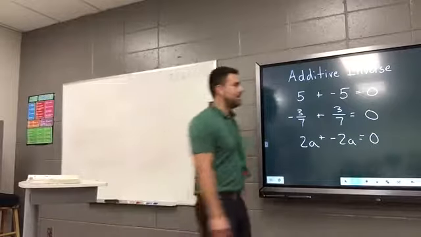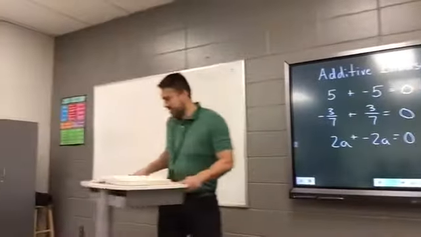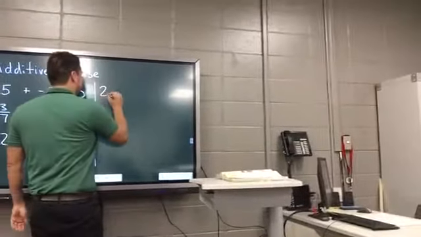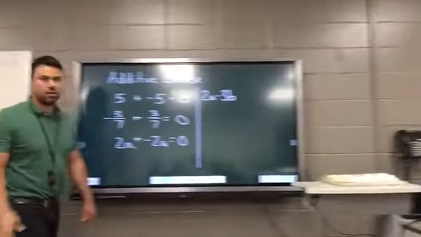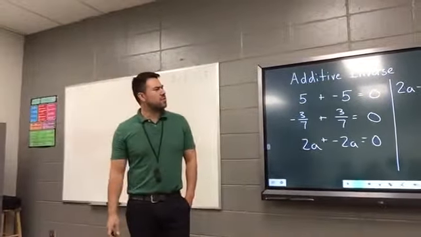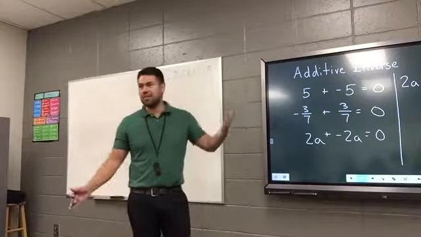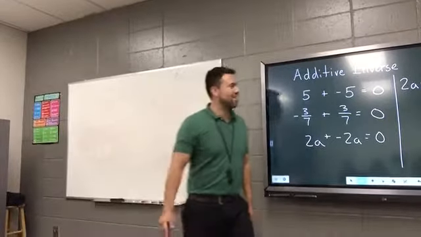Okay. Ready for some tough ones? Okay, good. I'll give it to you anyway. 2a minus 3b. Don't say it out loud. Just raise your hand. I might call on you. What's the additive inverse of 2a minus 3b? Anyone want to guess? Kyra, what do you think?